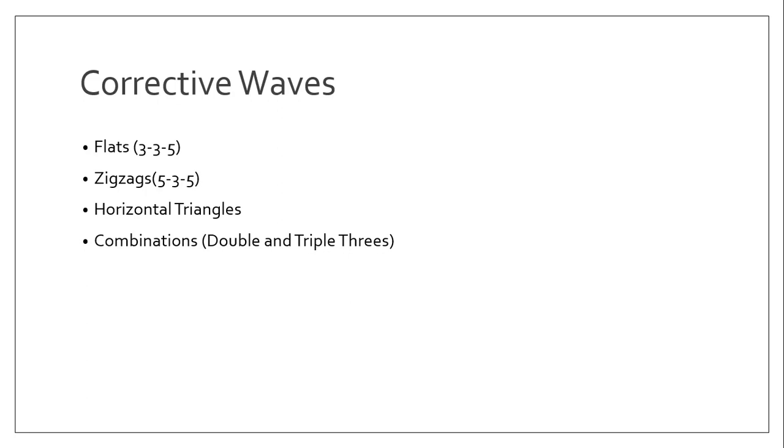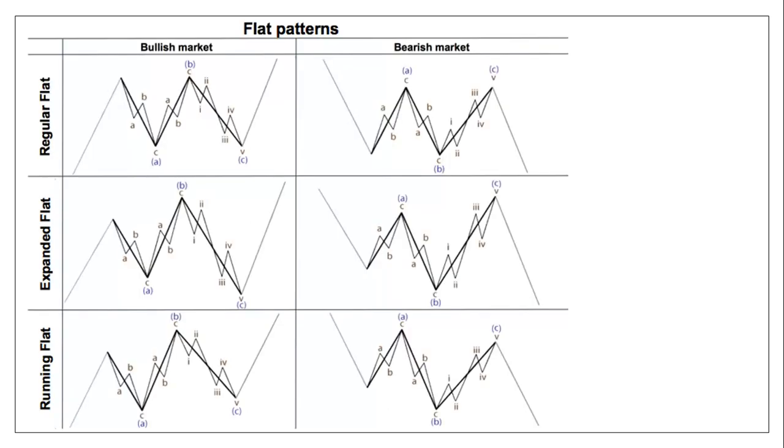So we're going to break down these corrections to the least piece and build them up, so you understand what comprises them, how you are able to differentiate one from another, the rules that govern them, and the guidelines that you need in order to define any probable price formation you would see in the markets to be a flat, zigzag, horizontal triangle, or combination.